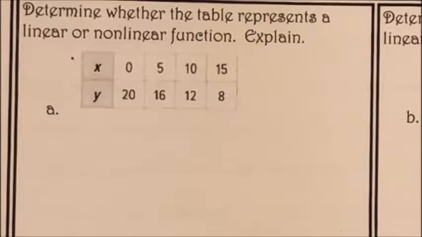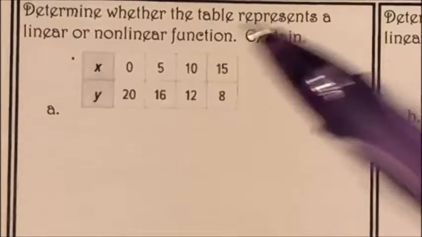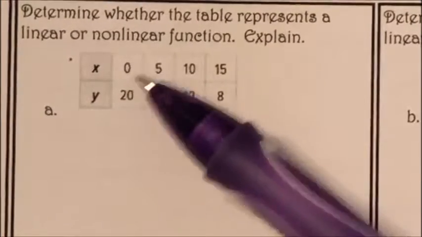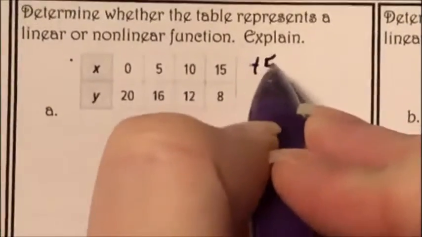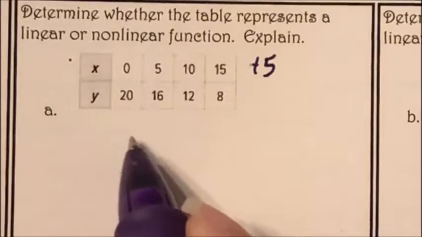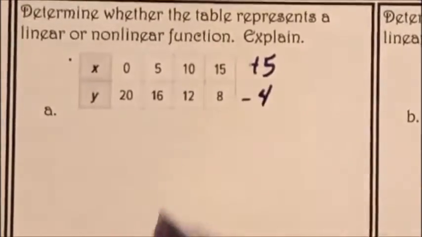Now that you've had a chance to look at the try-it problems, let's go over them together. Letter A says determine whether the table represents a linear or nonlinear function. Explain. I can look at my table. The x values go up by 5 each time, and the y values decrease by 4 each time.